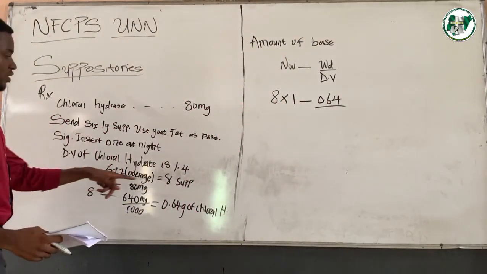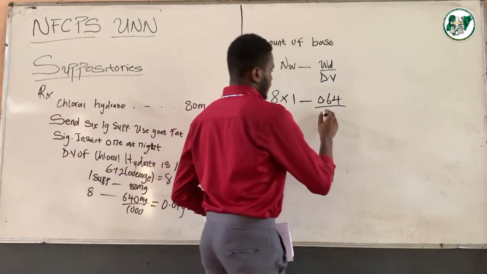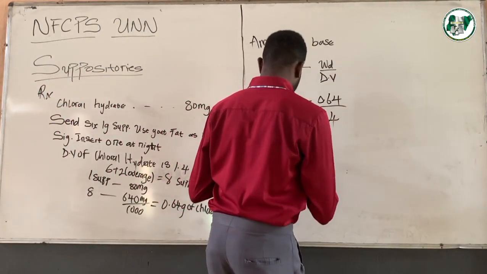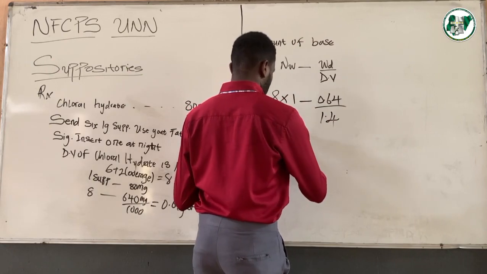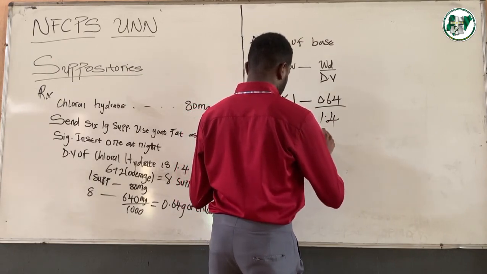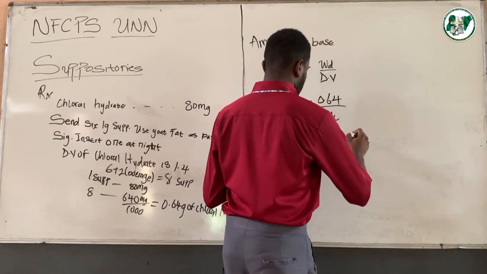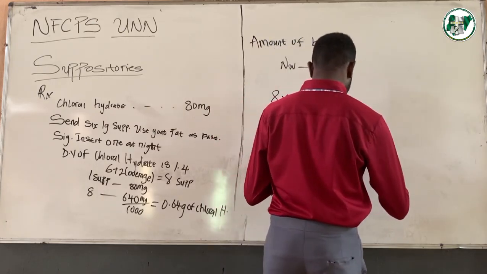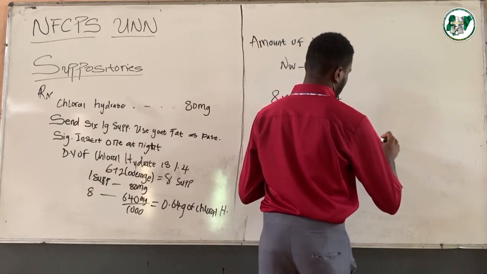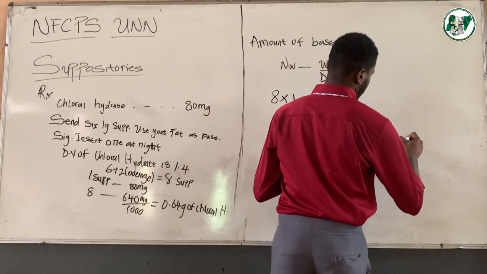The displacement value of chloral hydrate is still 1.4. So when we do this, we're getting 8 minus 0.46, it gives us 7.5 gram of goat fat.